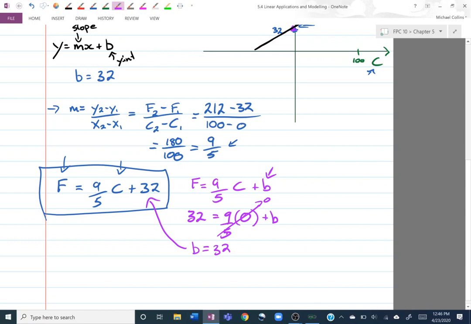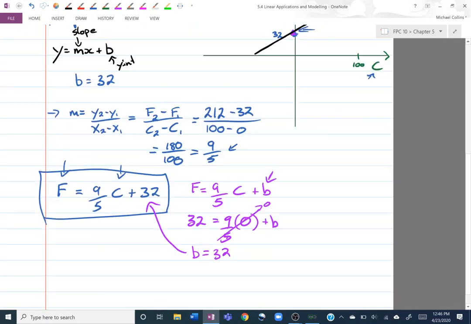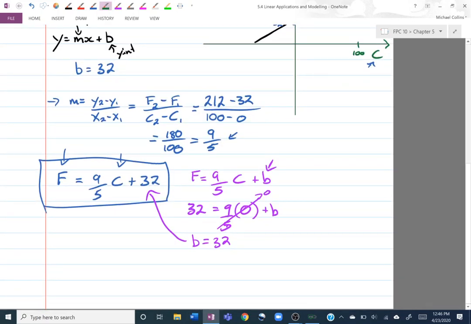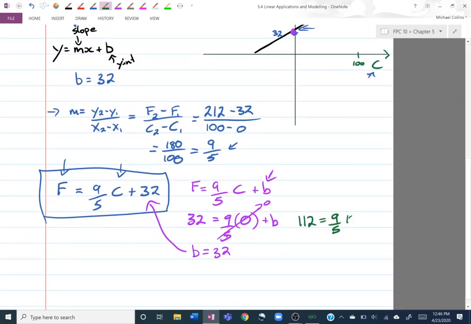If, for example, maybe I chose the other point, I should be able to do the same thing with point 2. For point 2, F is 212 and C is 100. So my 112 is equal to 9/5 times 100 plus b.